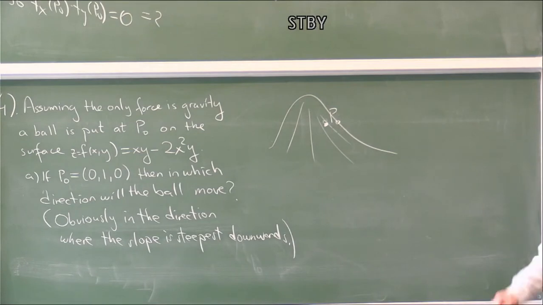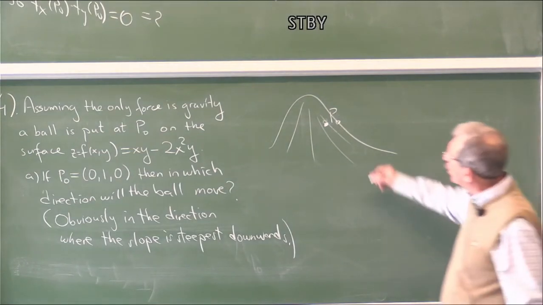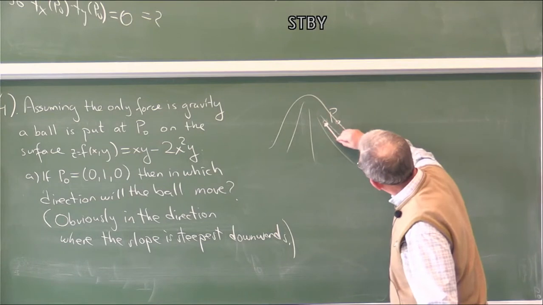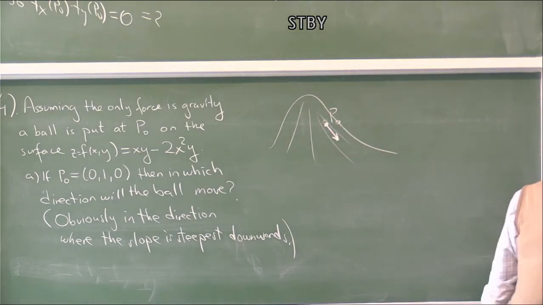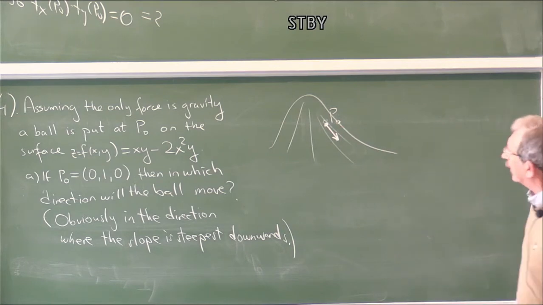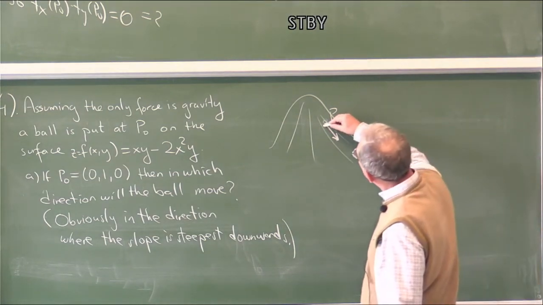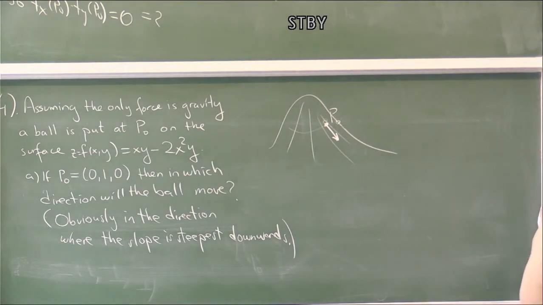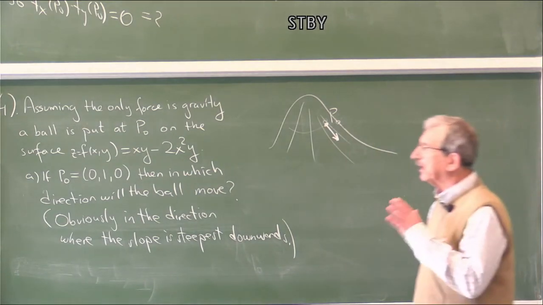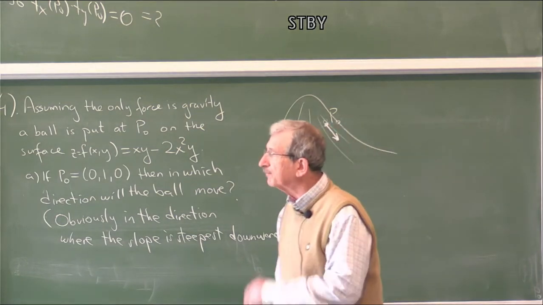Where will it roll? Of course, it will roll down in this direction. It will not go up under gravity, and it will not move on a horizontal path. It will fall down in the direction where we have the steepest slope.